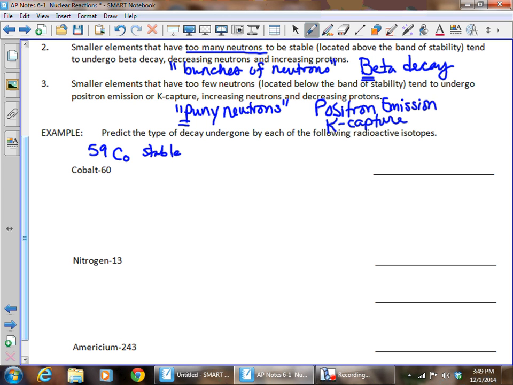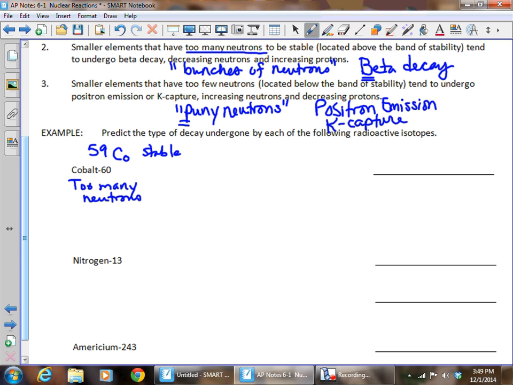So it can't have more protons. It's got 27, no matter what mass number it's got, it's going to have 27 protons. So if we look at this situation, it looks like cobalt 60 has too many neutrons. It's too big. We can't do anything about the protons because cobalt is cobalt, but it has too many neutrons.